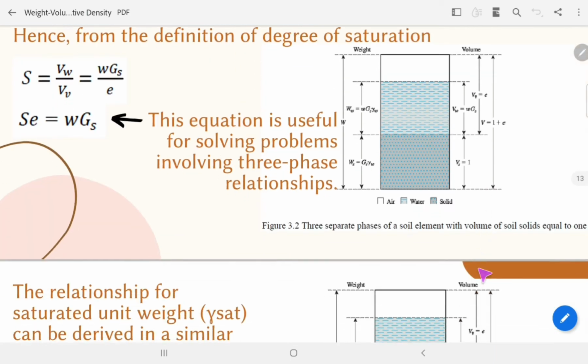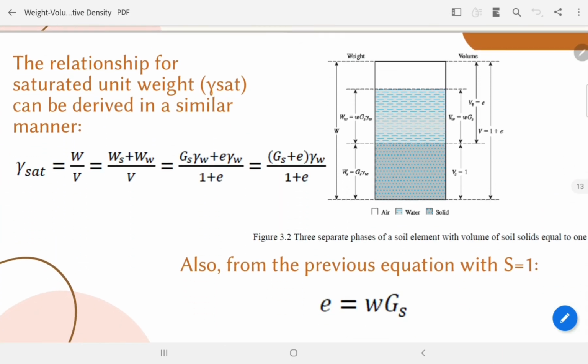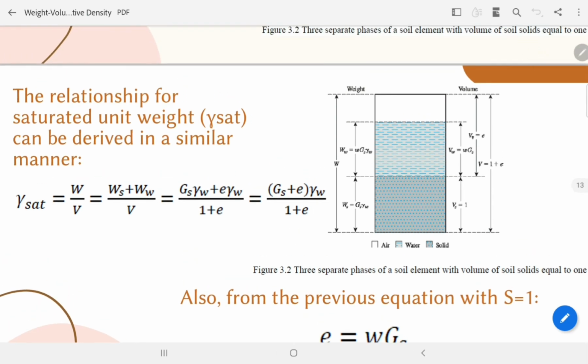Okay, so let's proceed. Now, let's relate the saturated unit weight with weight and volume. So, we know that the saturated unit weight is simply the weight over volume, right? Because we know that if the soil has air and water, then it is saturated, or even water lang, it is saturated, over the volume. So, the weight of the soil sample is weight ng soil solid plus weight of water over the volume, right?